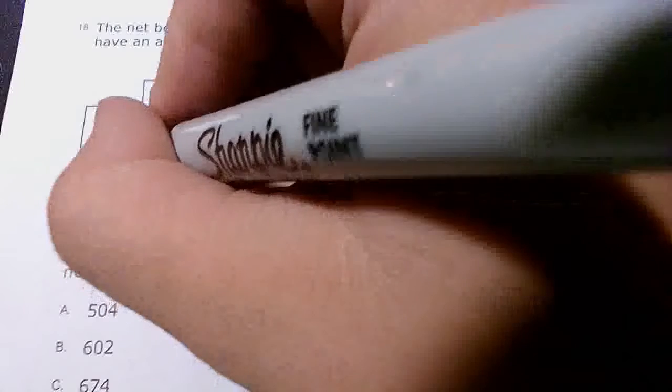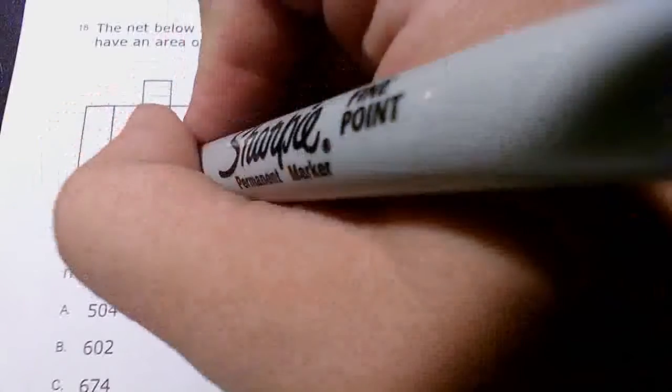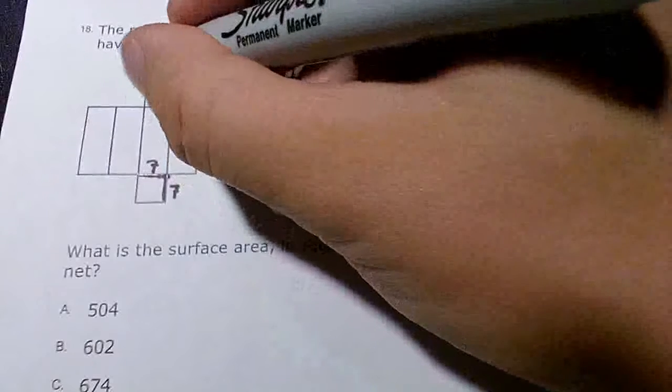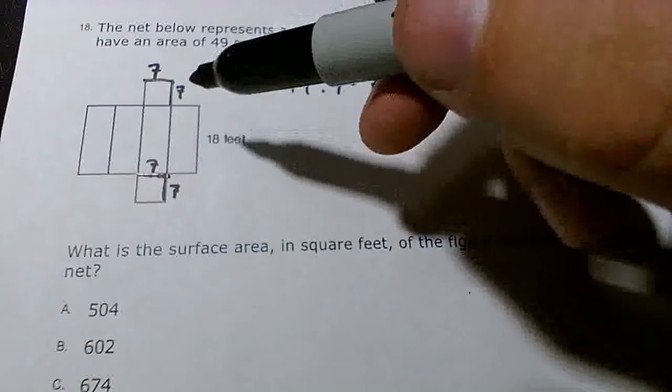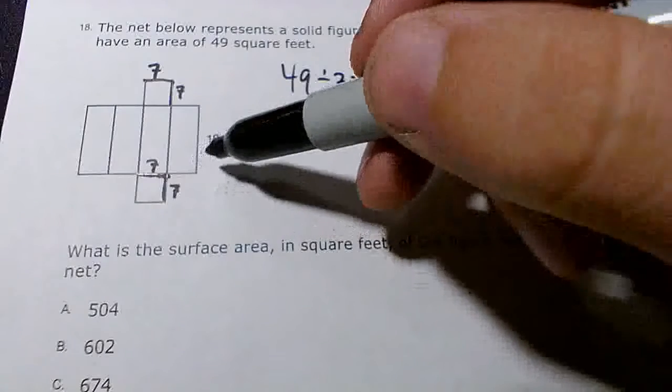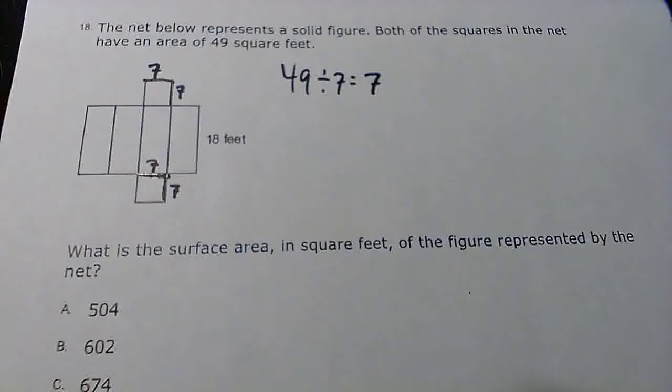It is a square number. So, the base and height of these squares will actually be 7 feet. And that's important, because without that information, we have no way of knowing what the dimensions of this other shape is.